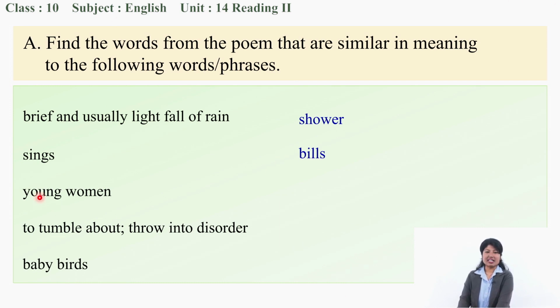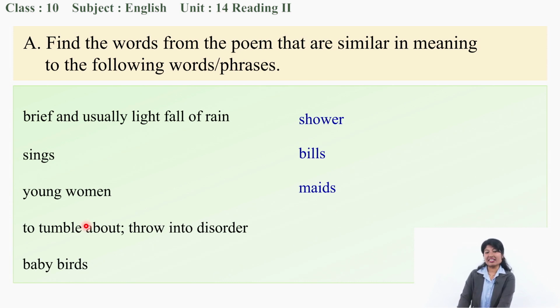Very good. Okay, now third meaning, young woman. Young woman is also called, what is the word? Yes, maids. Maids is the word mentioned in the poem. Young women are called maids, as young men are called lads, right?